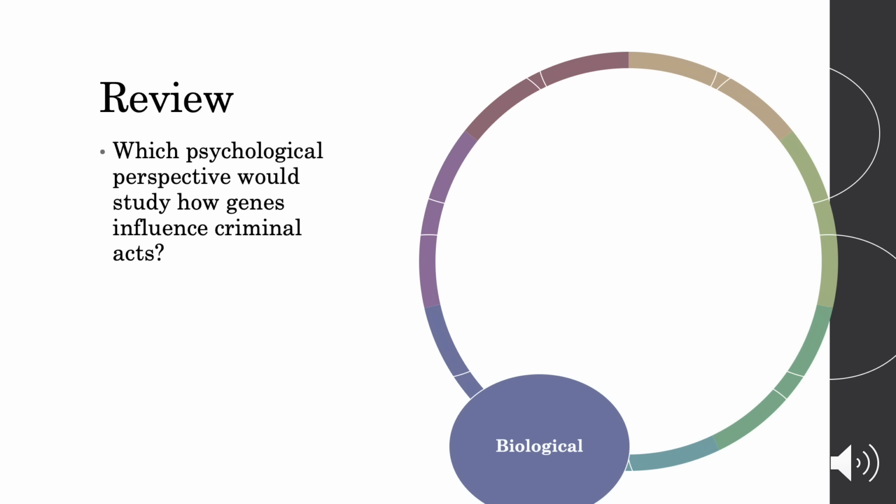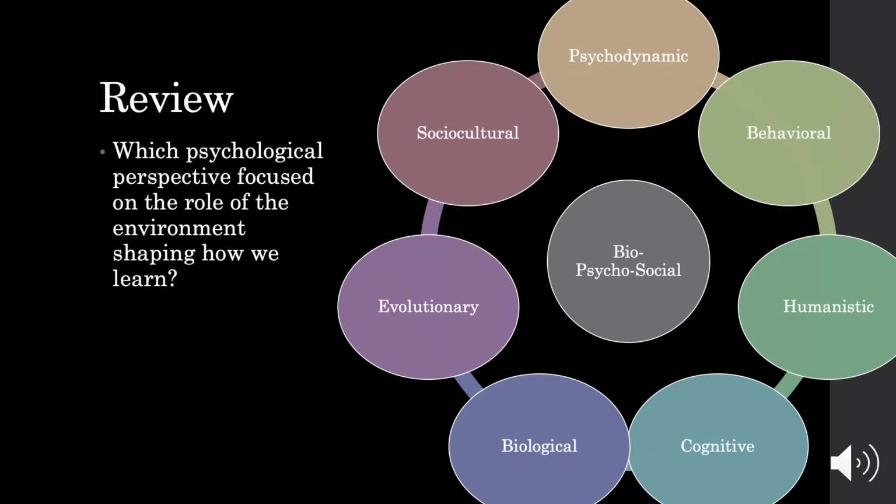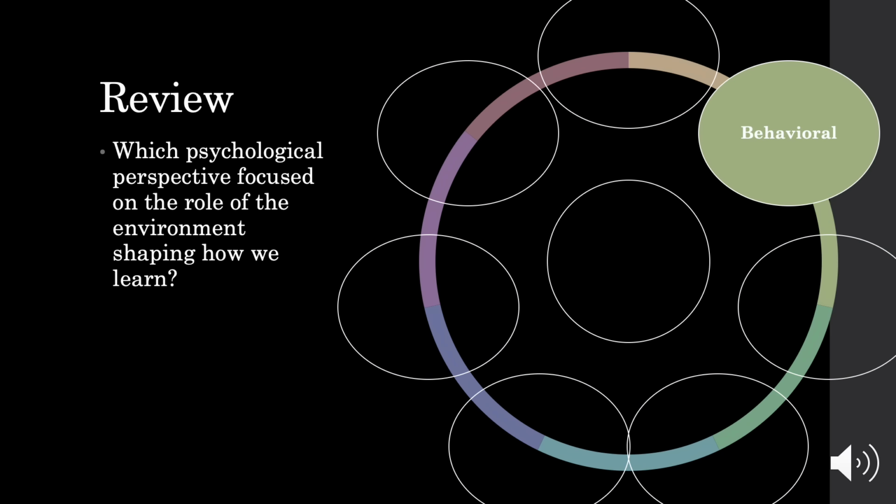That's the biological perspective, with its focus on genetics. Which psychological perspective focused on the role of the environment shaping how we learn? That's the behavioral viewpoint, focusing on learning.